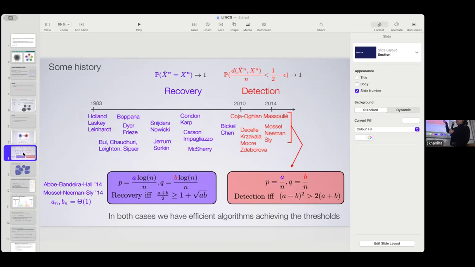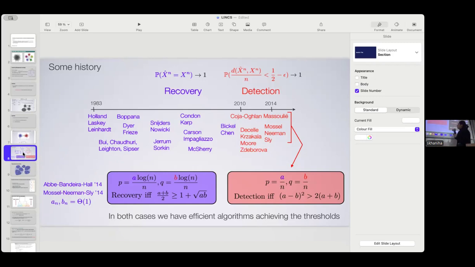At the beginning, when people defined this stochastic block model, they tried to define algorithms and check the efficiency and speed of these algorithms to see which algorithm recovers the communities.